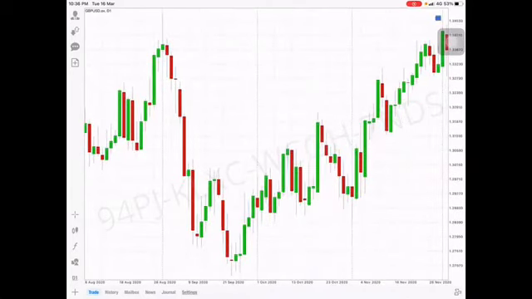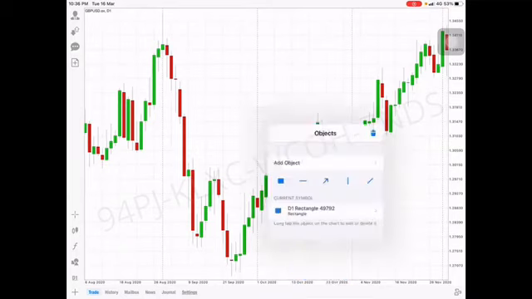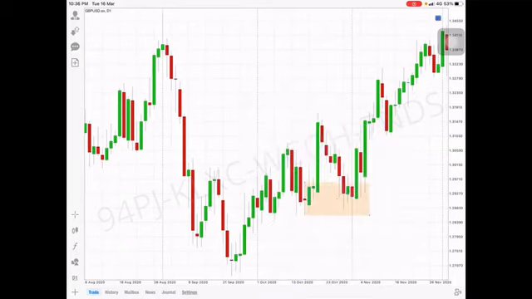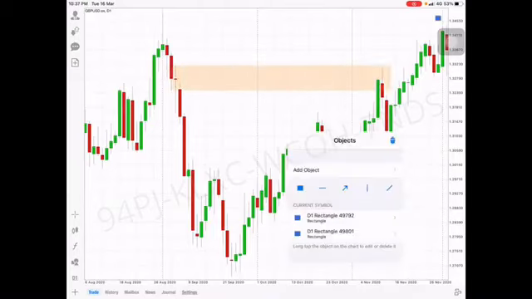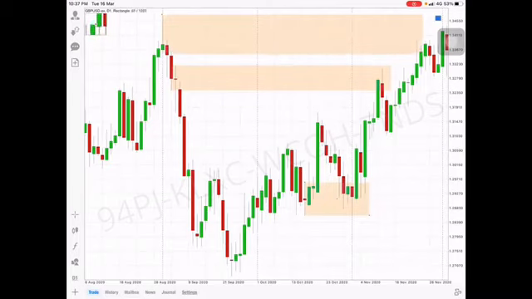Let's say that you've got your entries on this part. Okay. So you are going to close your position at DOM, which is right here, DOM, or engulfing sell, because we are trading zone to zone.